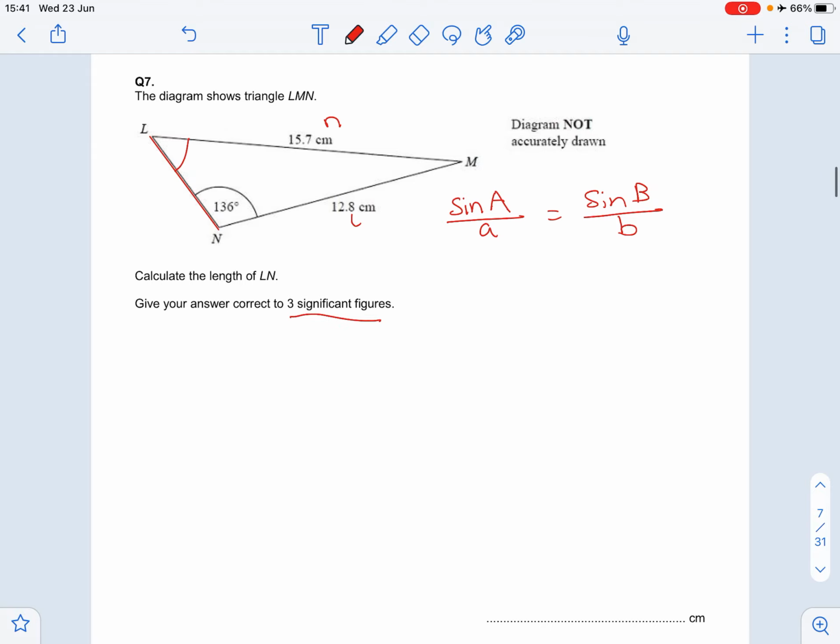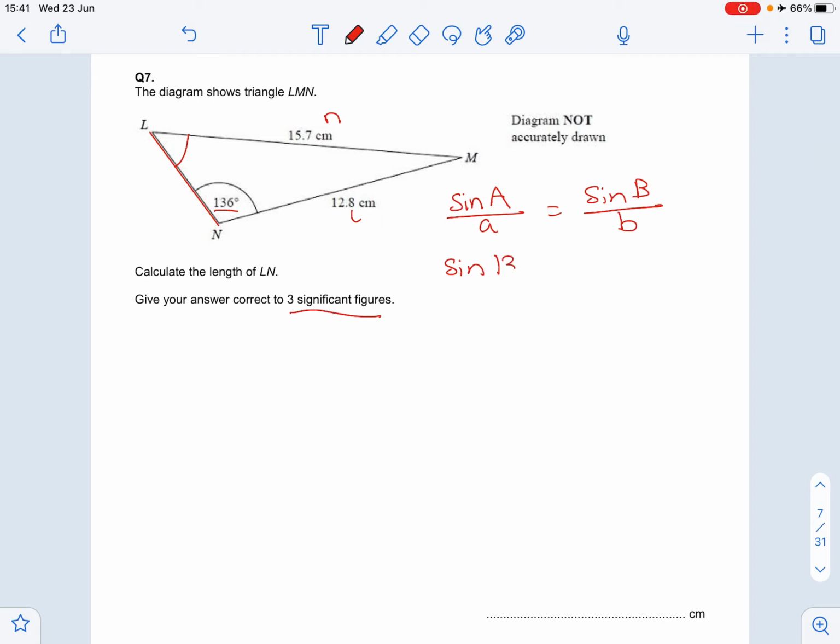So I have my angle 136 over the side, which is 15.7, equals sine B, which I want to find out, my angle here, which I'm just going to call X, divided by B, which is the length opposite, which is 12.8.